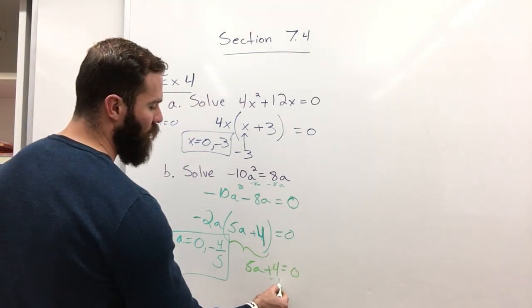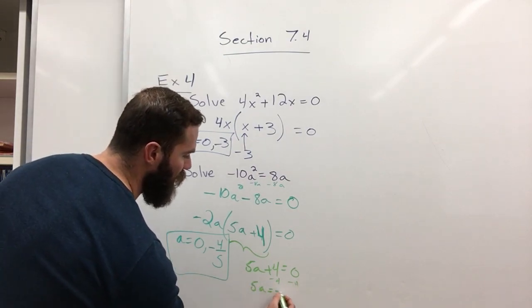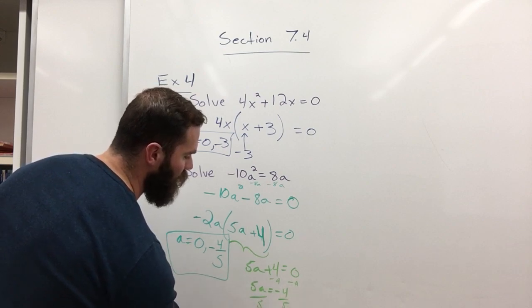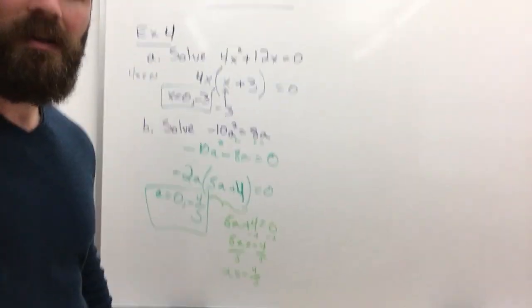So you would subtract 4 from both sides and get 5a equals negative 4. Then you're going to divide by 5 on both sides, and a equals negative 4 over 5. I think you can see that. Can you see that? Yeah, you can see that. Okay?